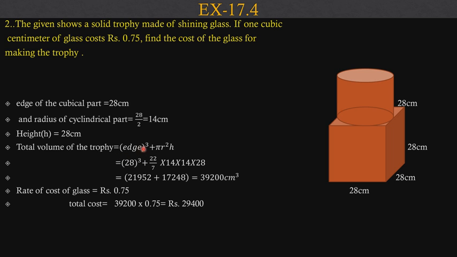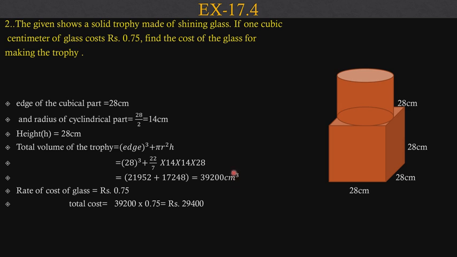So volume is edge cube plus pi r square h, that is the volume of the cube plus the volume of cylinder. So volume of cube is h cube and volume of cylinder is pi r square h. When you put the formulas, you get 39,200 centimeter cube as the volume.